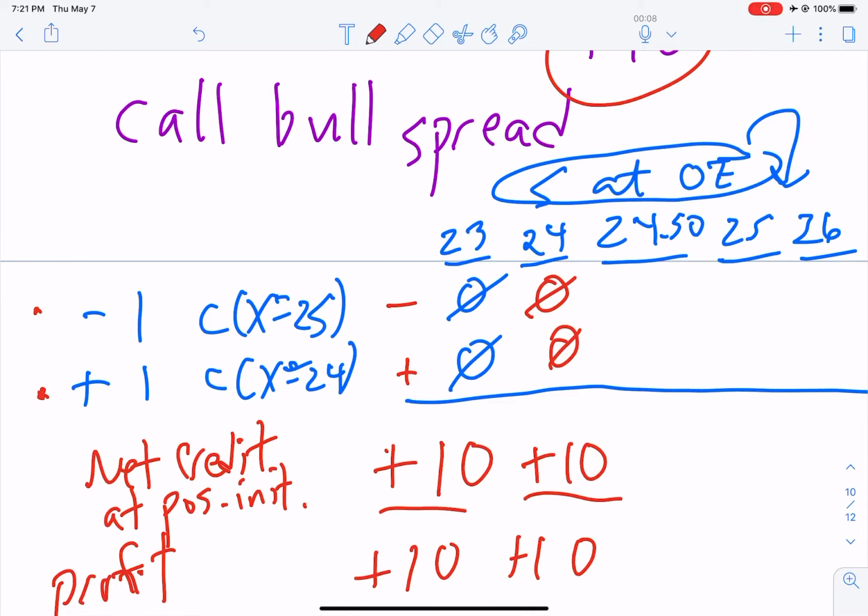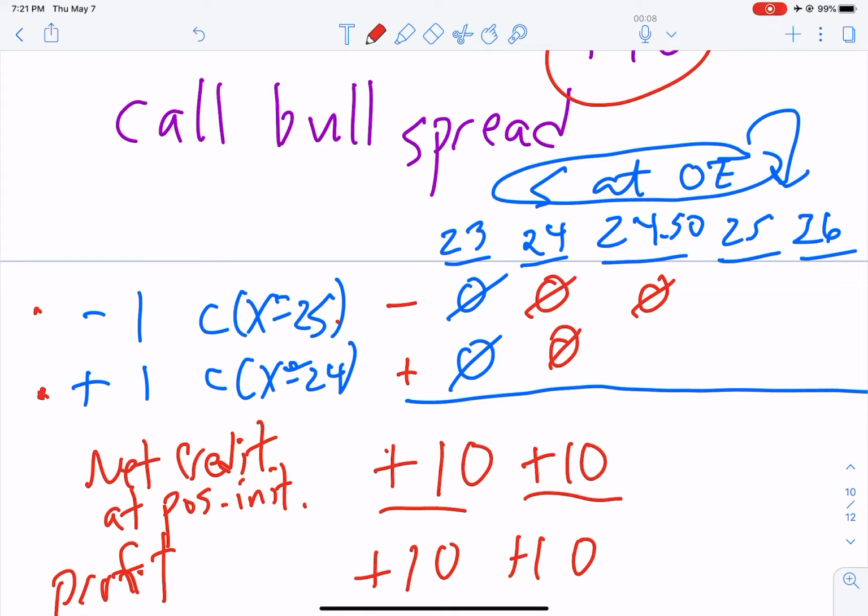Again, what if the stock price at option expiration is $24.50? That's interesting. The 25 strike call that we're short still expires worthless because the right to pay 25 when the market price is $24.50 right at option expiration is 0, so that's 0.